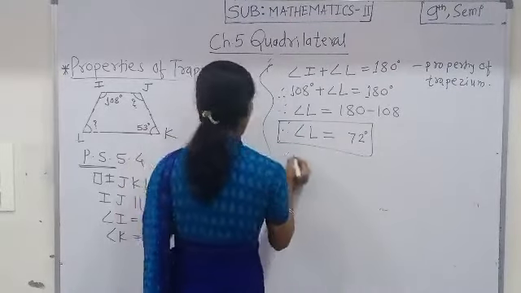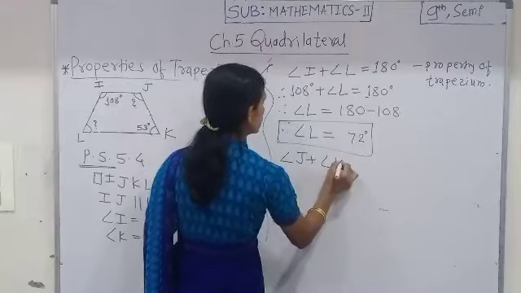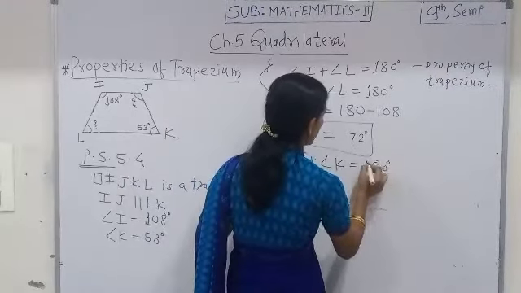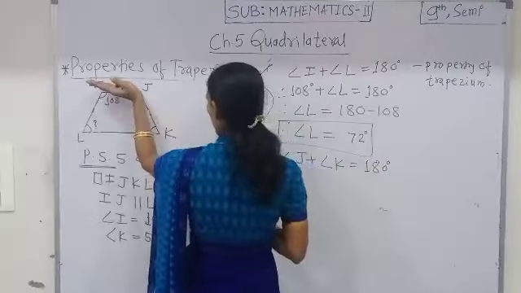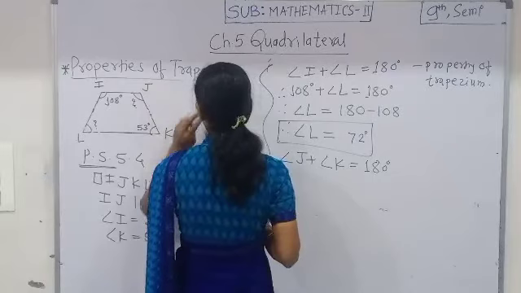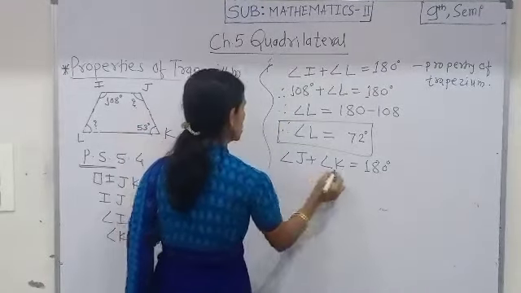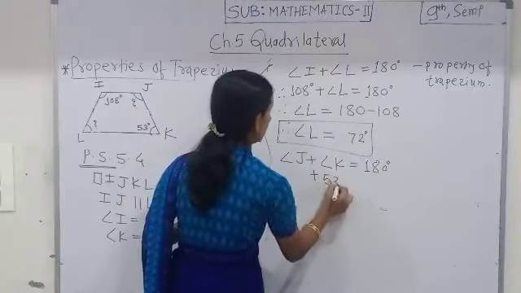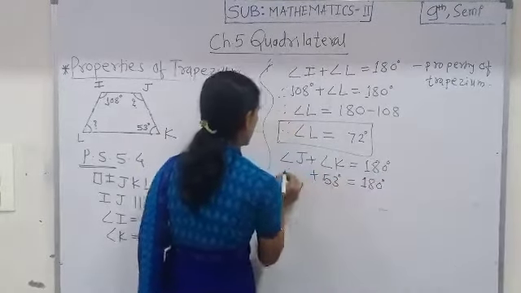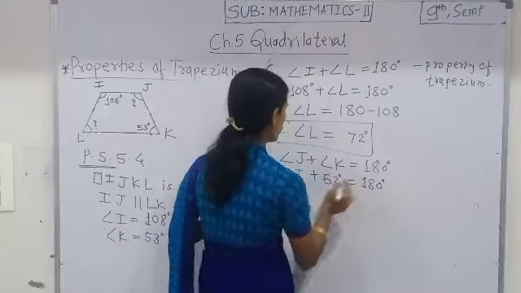As well as angle J plus angle K is equal to 180 degrees, because IJ is parallel to LK and JK is a transversal. Therefore, angle K is 53 degrees, angle J plus 53 degrees is equal to 180 degrees.